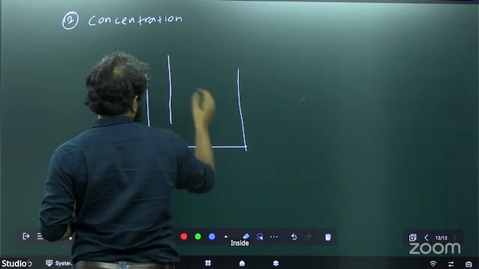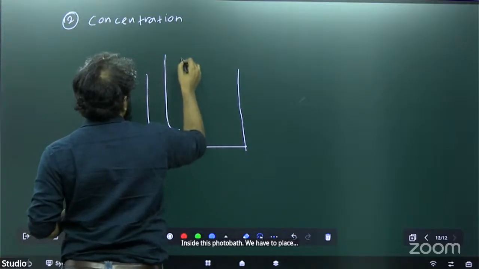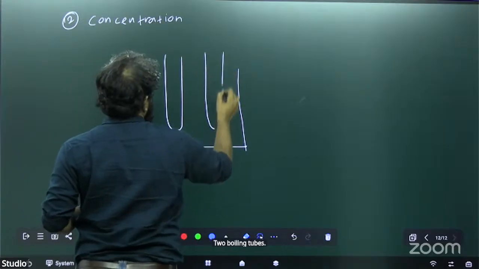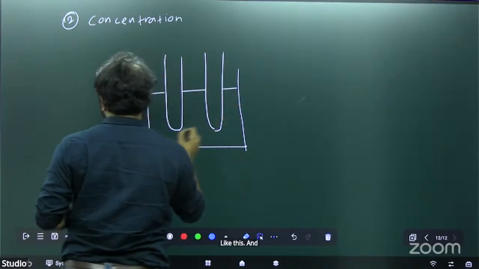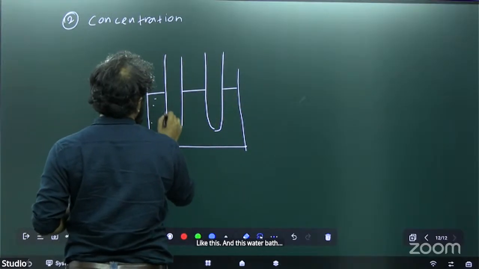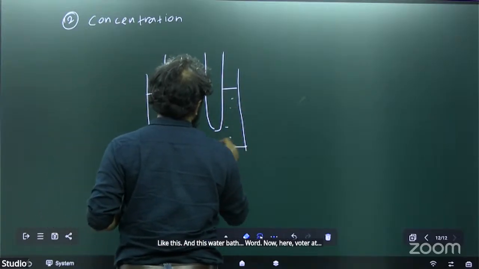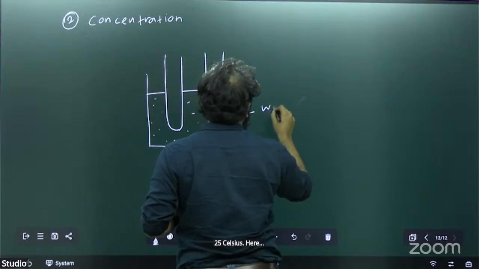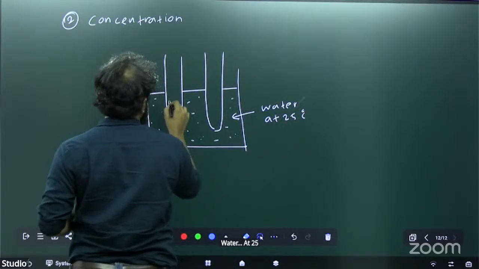Inside this water bath, we have to place two boiling tubes like this. The water here is at 25 Celsius.